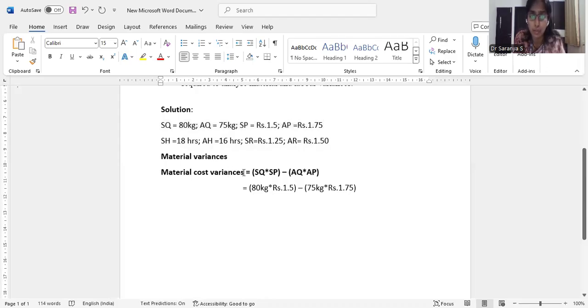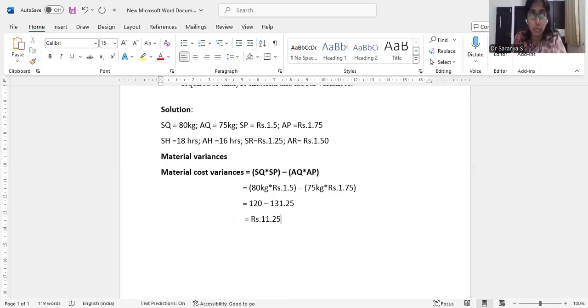So the formula is 80 kg into 1.5, you will get 120, minus 75 kg into 1.75, 131.25. When you do this calculation, 120 minus 131.25, you will get minus 11.25.